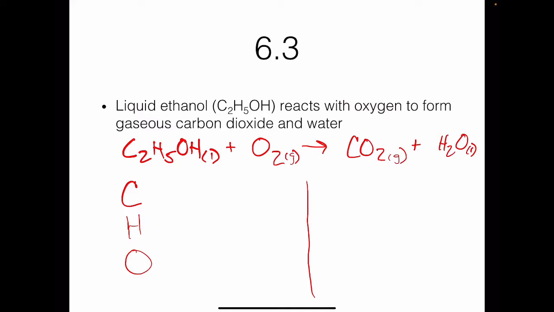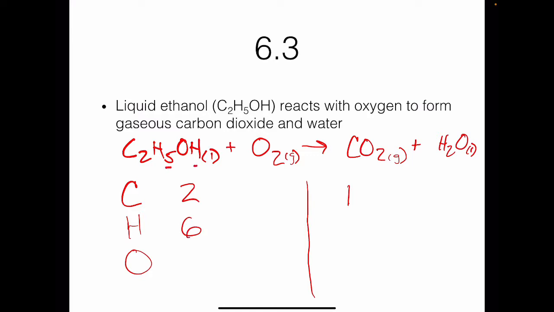Now what we want to do is count up the number of elements that appear on each side. Hopefully you remember from the warm-up how to tabulate elements based on their formula. We can see on the left, we have 2 carbon. On the right, we have just 1. On the left, we have 6 total hydrogen.